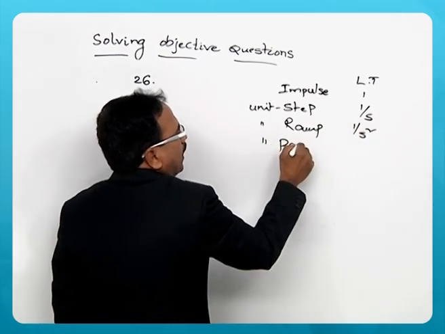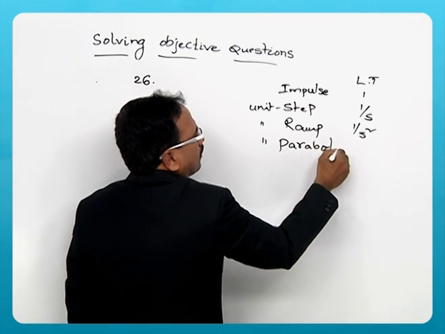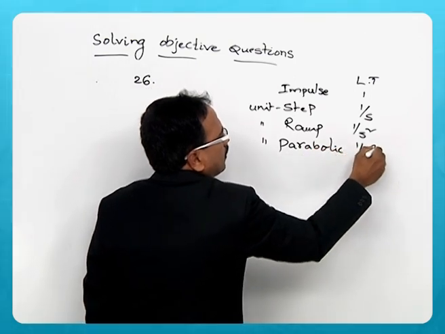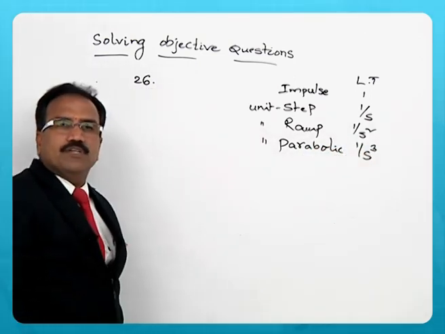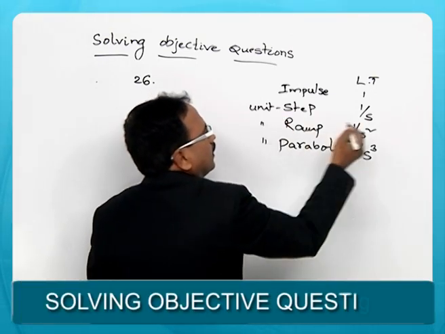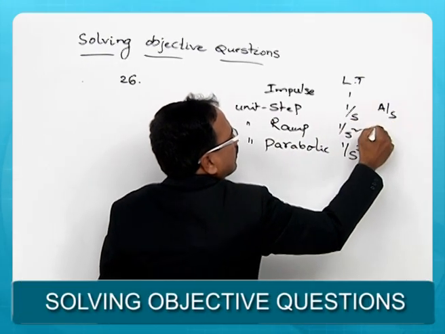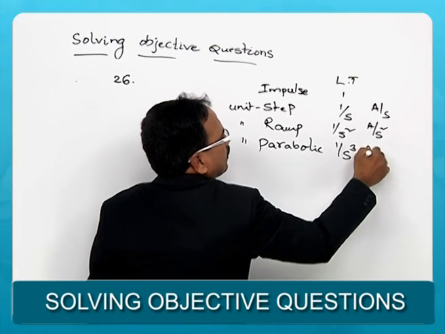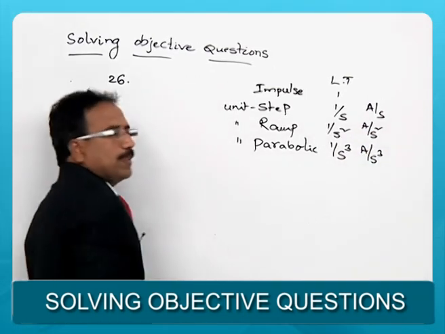If it is unit parabolic, it is 1 by S cube. If it is not unit, then this may be A by S, this may be A by S square, this may be A by S cube.